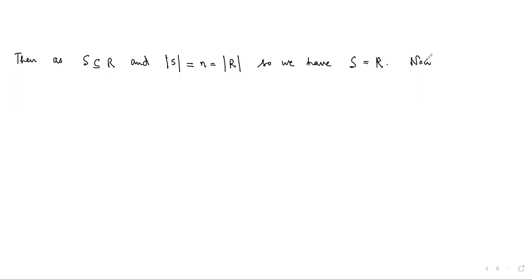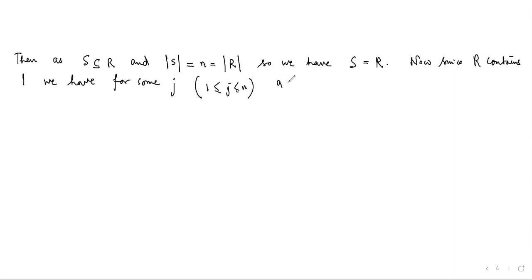Now, since R contains 1, we have for some j, where j lies between 0 and n, a·a_j is equal to 1, which implies a is a unit.